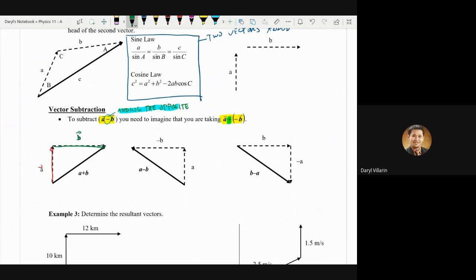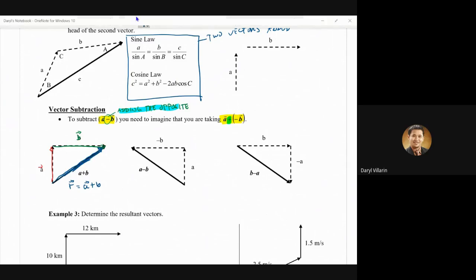So the resultant vector is just the sum. That is just the same thing as a plus b, which is given by this single line here.